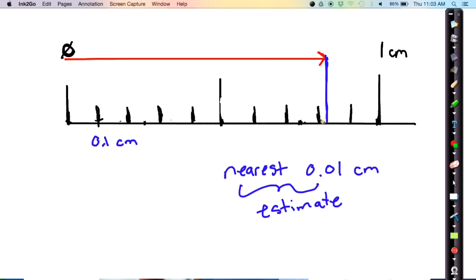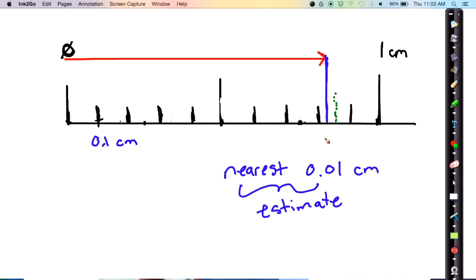Now, looking at the position of our arrow, if this is the halfway point between 0.8 and 0.9, we know that we're less than that halfway mark. We're closer to 0.8 than we are to 0.9. So it would be reasonable then to make a measurement somewhere between 0.8 centimeters and 0.85 centimeters, or in other words, 0.80 centimeters and 0.85 centimeters.